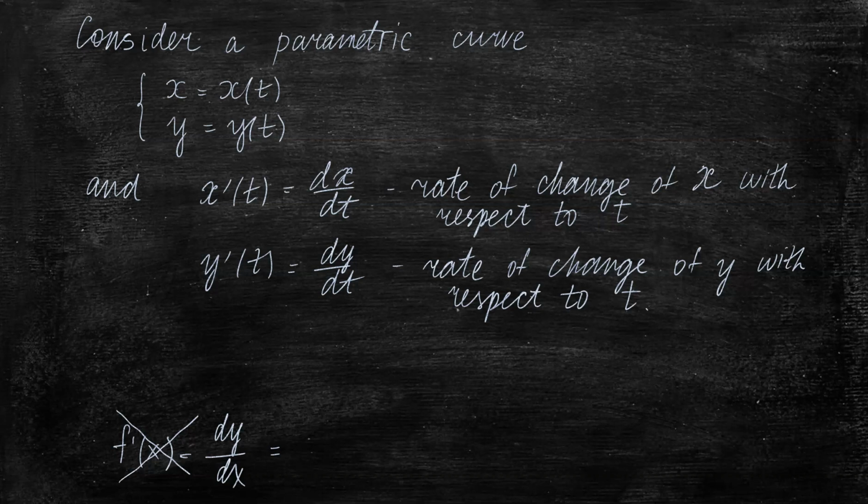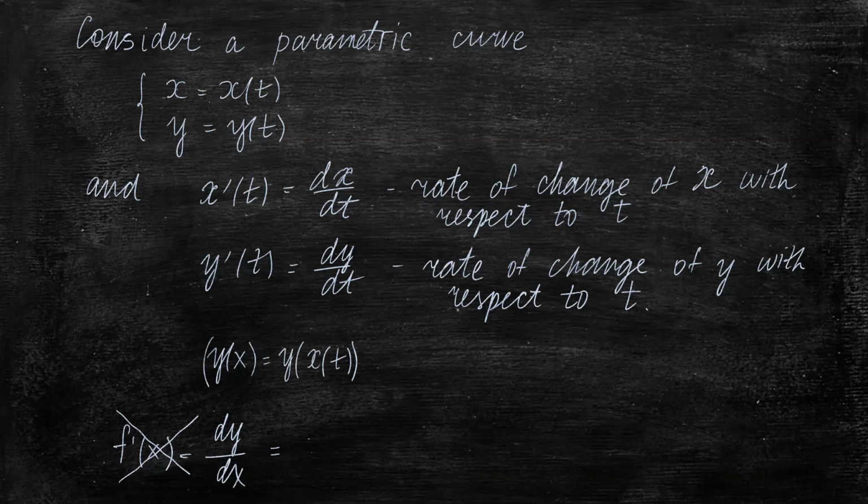So according to the chain rule, if we assume for a second that y of x did exist as a function, and x being a function of t, we can hypothetically write it like this.